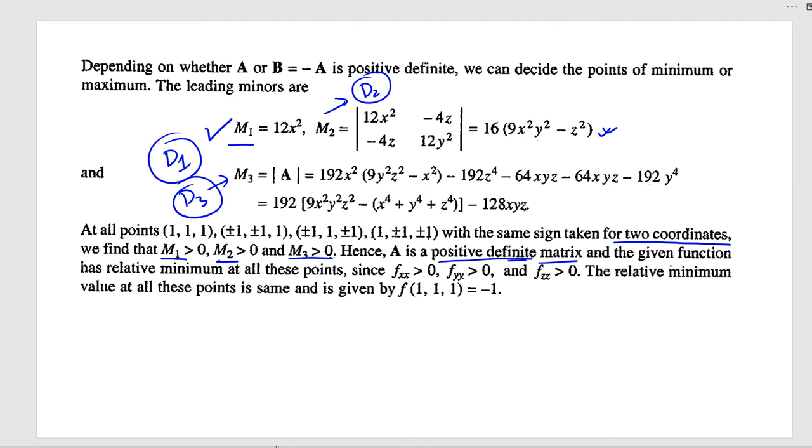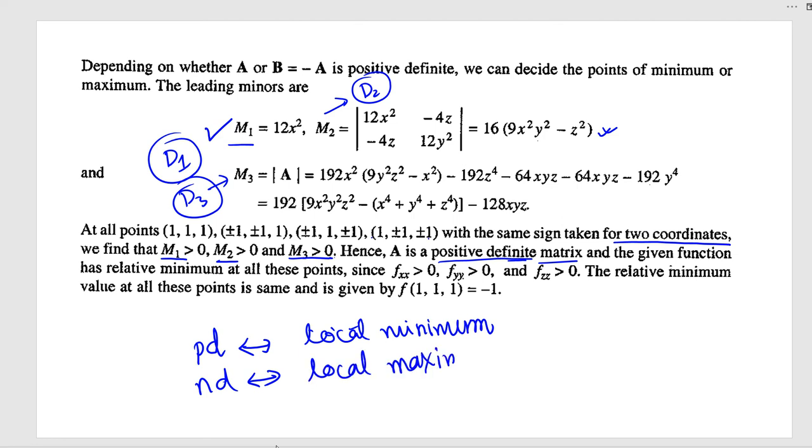Remember, positive definite is related to minimum. Negative definite is associated to maximum. Let us say local minimum, and this is local maximum. And what will be the value? Just substitute the coordinates at that point and you will find the value.